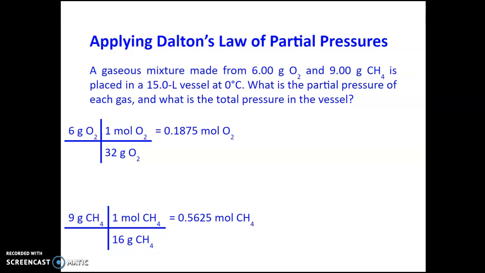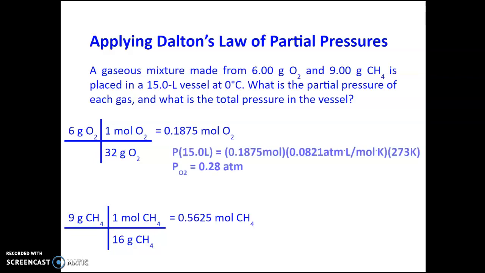And at this point, what I'm going to do, I think, is find the partial pressure of each gas, because I know the volume, I know the moles, I know the gas constant, and I know the temperature. So I can solve for pressure. So I'm going to set that up for oxygen first.